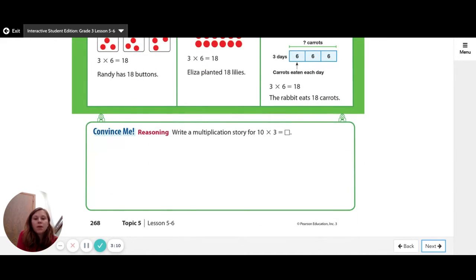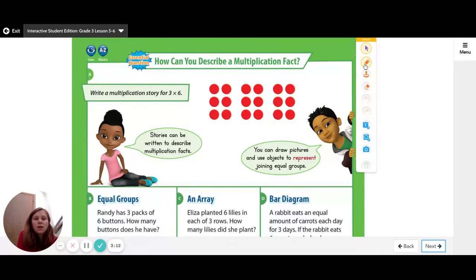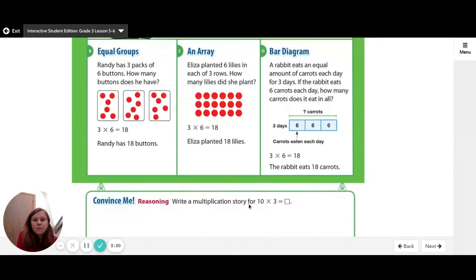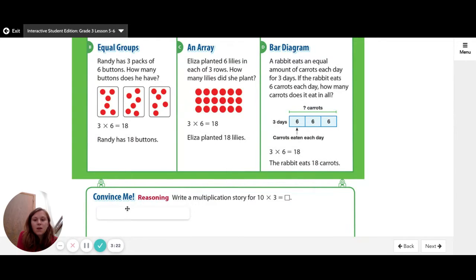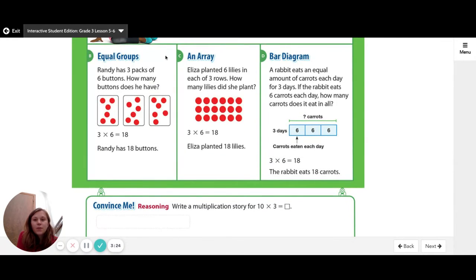At the bottom, we want to write a multiplication story for 10 times 3. So I'm going to get my typing ready again. So I know I could think about the groups, rows, and columns, or bar diagrams.